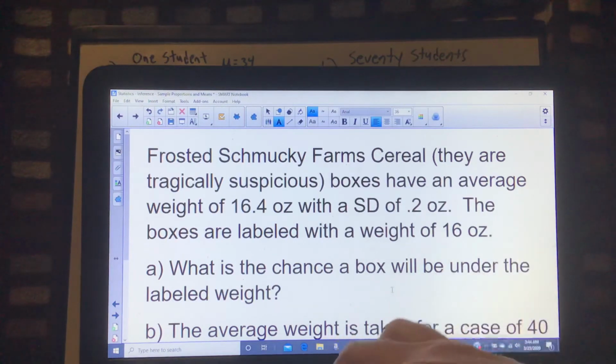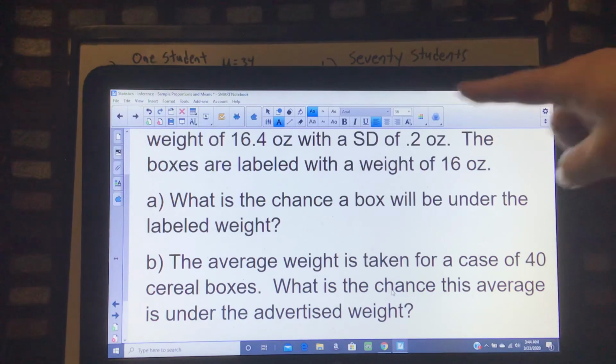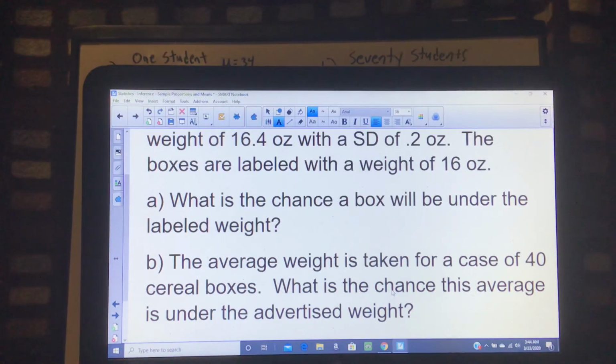So see if you could figure out, basically like the other problem, what's the chance a single box will be under the labeled weight? Assume that all these things are normally distributed, that the individual is as well. So what's the chance a single box will be under the labeled weight?